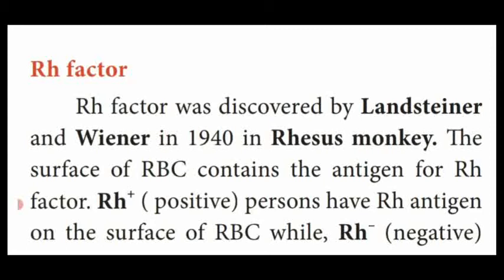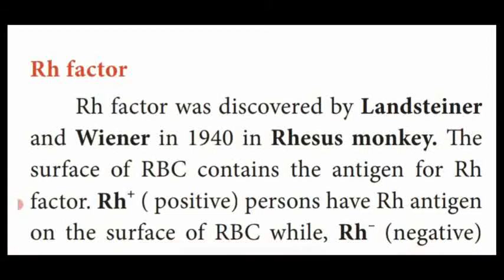But one more antigen is known as RH factor, which is present on the outer surface of the RBC. So they are of two types, RH positive and RH negative. A person who has RH antigen on the surface of the RBC is known as RH positive.